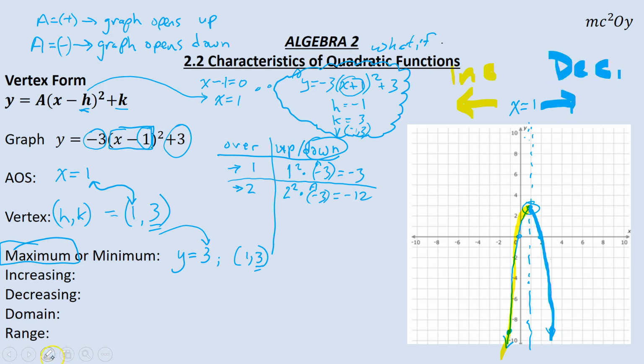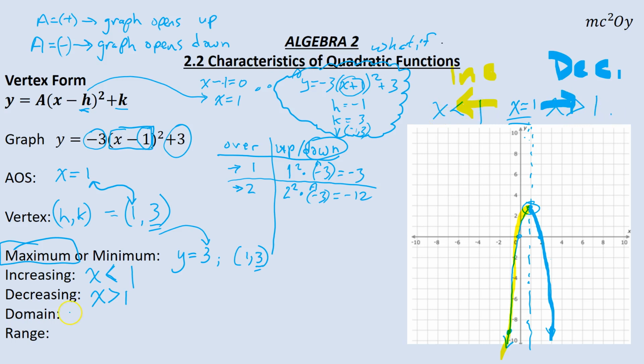So we're increasing when x is to the left of 1, and we're decreasing when x is to the right of 1. Notice the arrow, right? Okay, so x is to the right of 1, or x is greater than 1, and x is less than 1 is the mathematical way to say it.